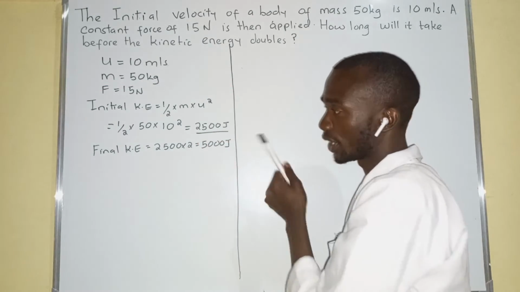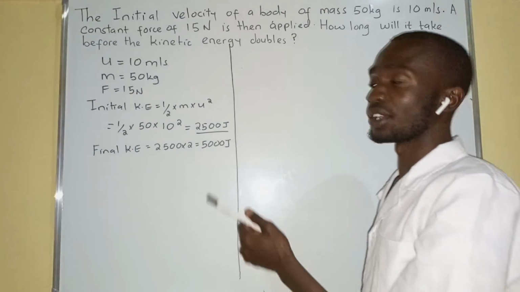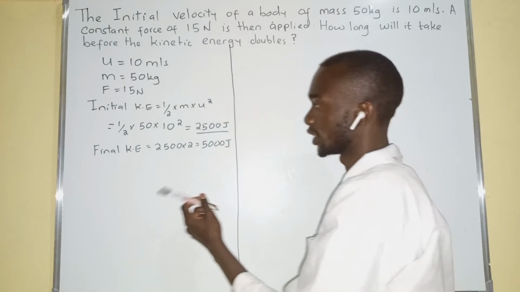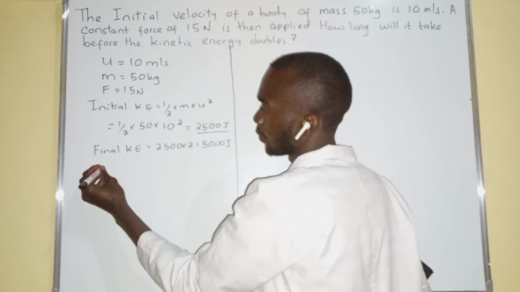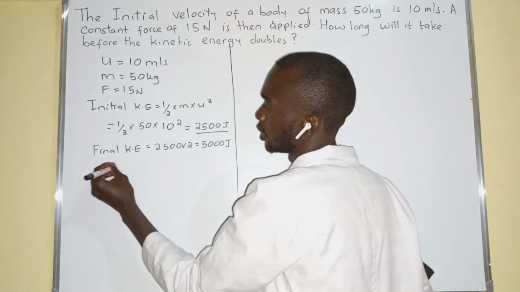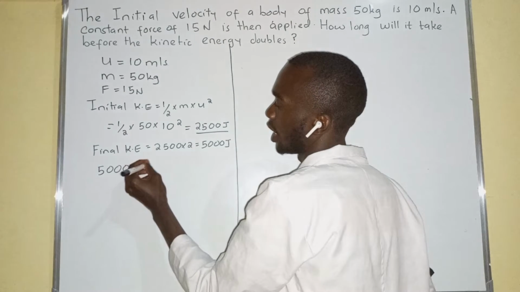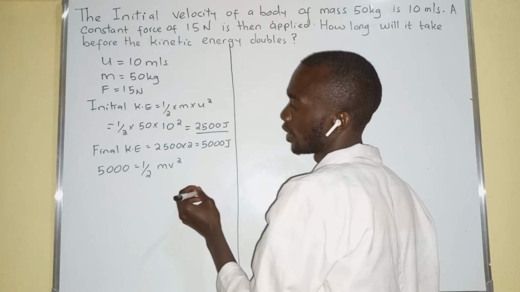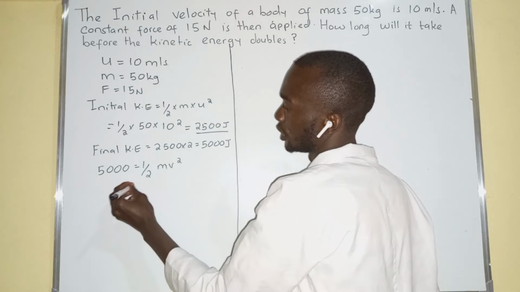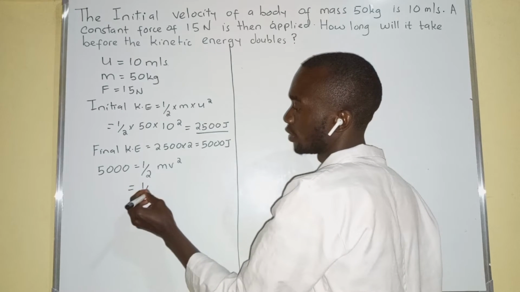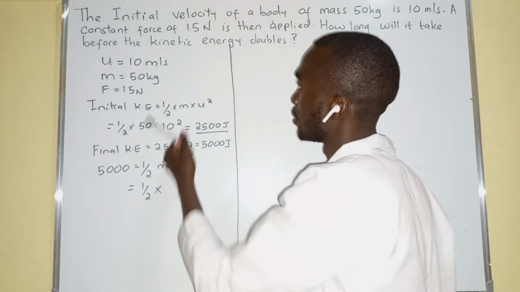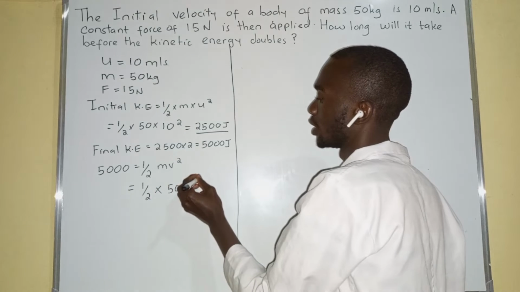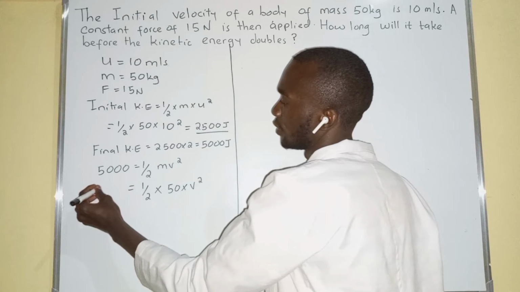Now, using the final kinetic energy, we can find the final velocity of the body because the mass of the body remains constant. So 5,000 is the same as a half mv squared. So this is equivalent to a half times the mass 50 multiplied by v squared, which is the same as 5,000.